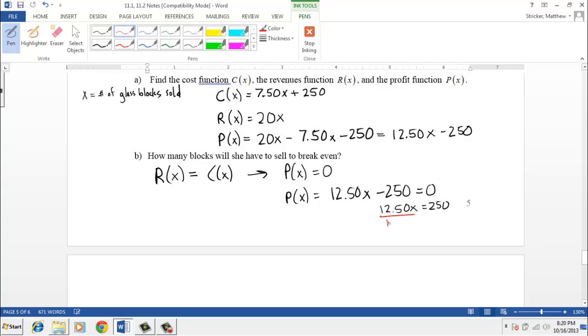And then of course if we divide by 12.50, that gives us what? That gives us 20 items. So if she sells 20 items, her costs will be the same amount as her revenue.